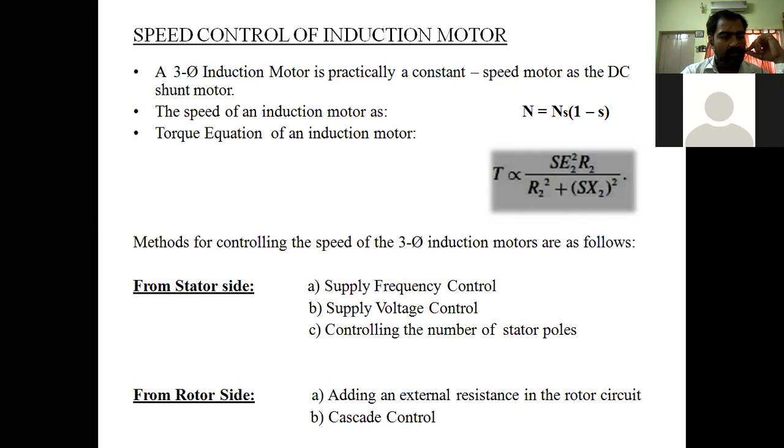Why? Because of practical importance, some characteristics must be followed, namely the speed characteristics, which are followed very strictly at the industrial side compared to domestic purposes.